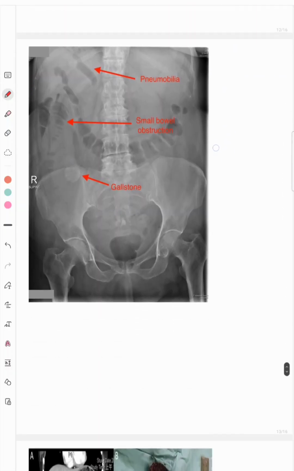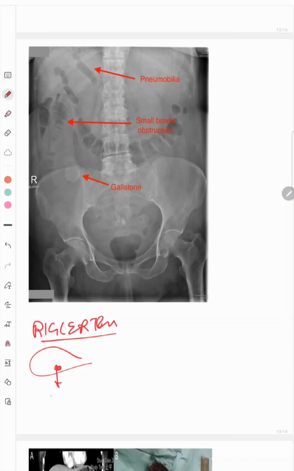So I have discussed in the previous slide the Rigler triad, in which the gallbladder ruptures and the stone enters the intestine and blocks at the terminal ileum, most common site. So there will be three things you can see. Pneumo means air, bilia means biliary tract.